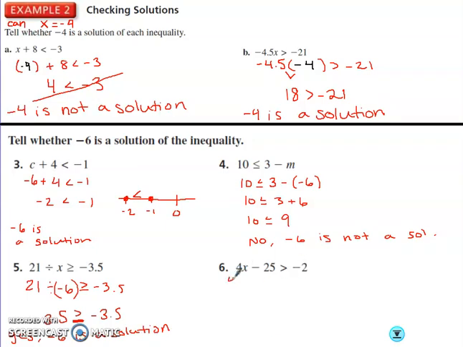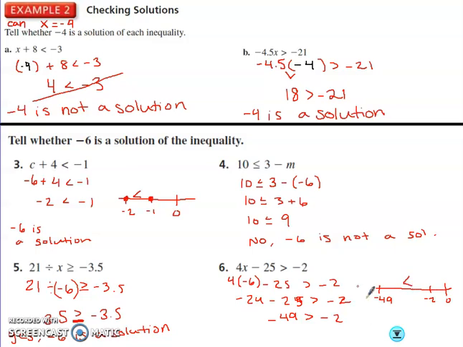And lastly, 4 times negative 6 minus 25. Negative 24 minus 25 gives us negative 49. And if we put that on a number line, I've got negative 2, which is pretty close to 0. Negative 49 is to the left, which means negative 49 is less than negative 2. And in our statement, we're claiming that it's greater. So no, negative 6 is not a solution.